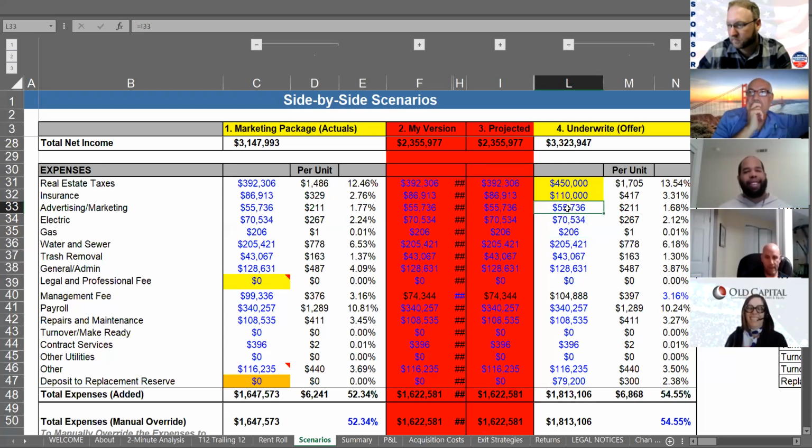So your advertising. I'm going to skip over electric. Actually, let me say this. These particular items right here, you really cannot do anything with these, because electric, gas, and so on, they're not going to talk to you, because you're not the owner of the building.